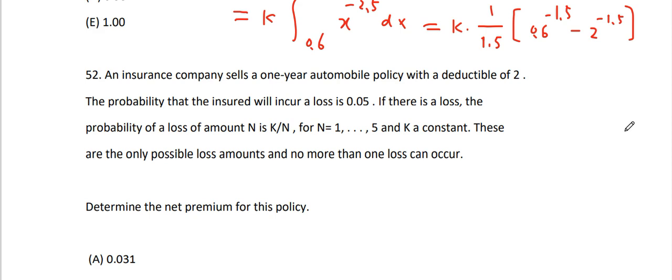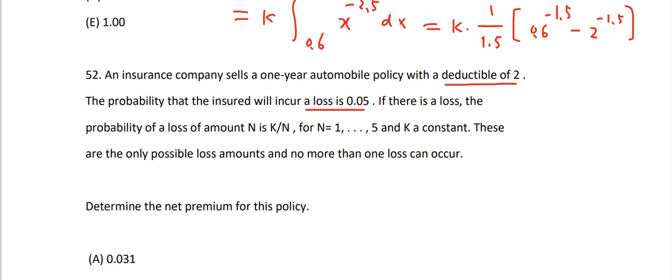So for problem 52, this policy has a deductible of 2. Okay, so the loss can happen or not happen. If it happens, the probability is this.